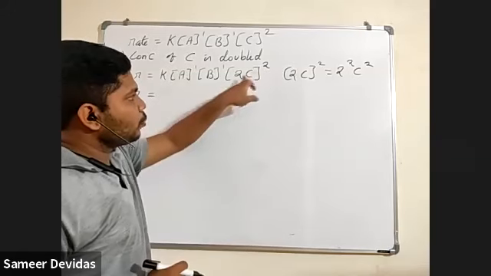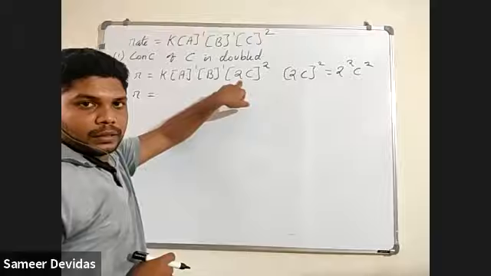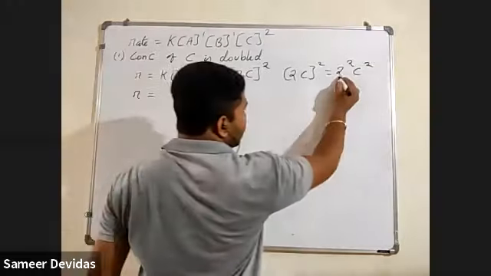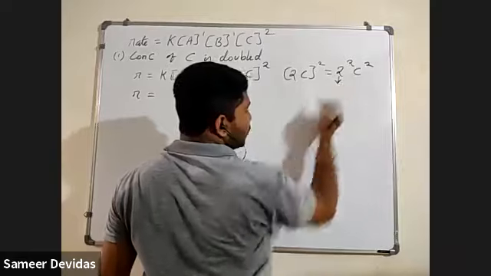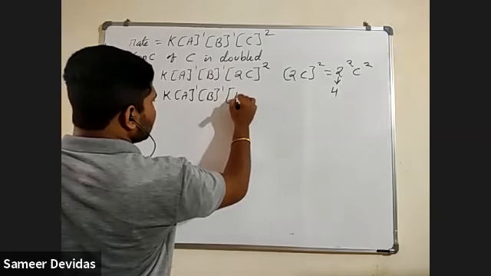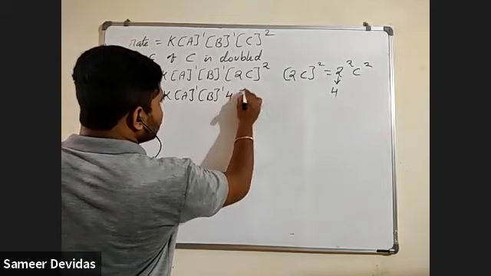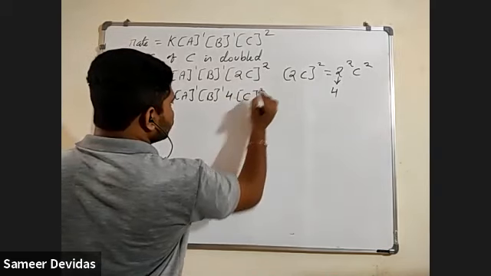When you open the bracket, it becomes 2 raised to 2, right? If 2 raised to 2, then what is the answer? 4. So K, A raised to 1, B raised to 1, and this will become 4. So 4 I will take outside. 4 C raised to 2.